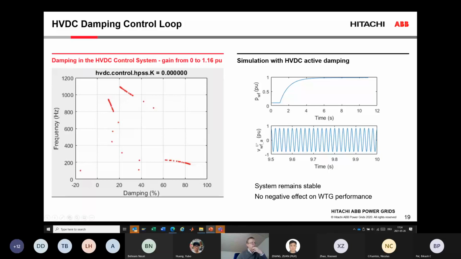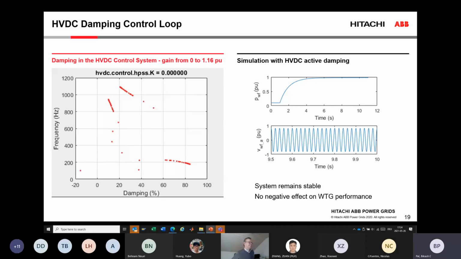So you can maintain the performance of the wind turbine control while still managing the system stability. Great. So it's kind of pointing to the advantage of having an HVDC connection over an AC connection. Yeah, I mean, which I of course have certain reasons for promoting.